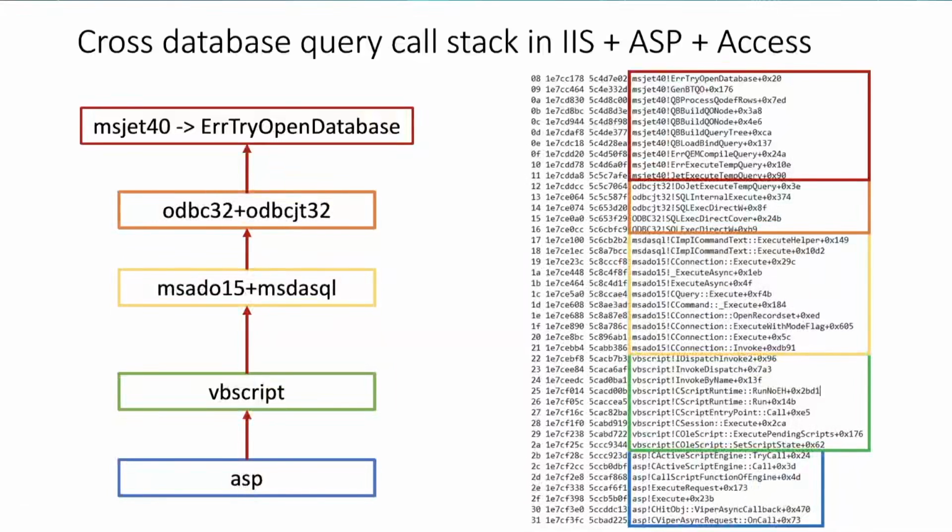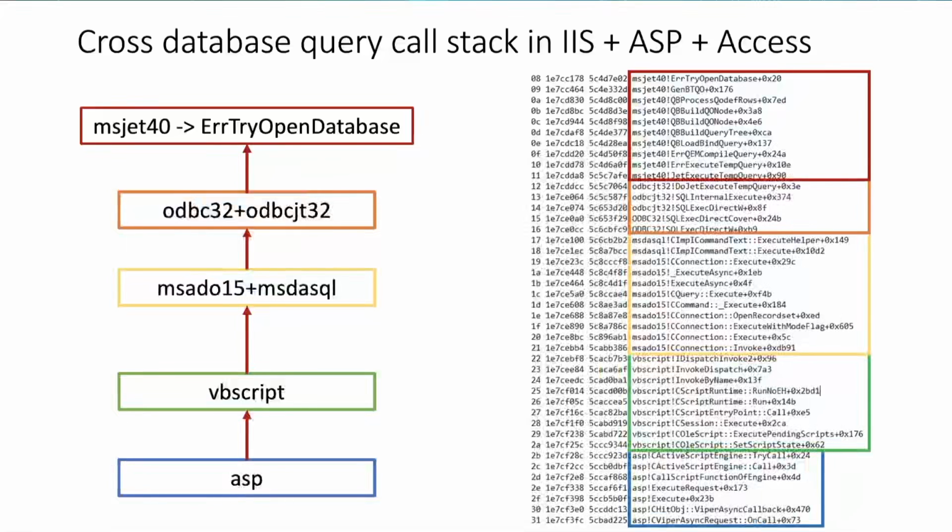Let's see how IIS and ASP deal with the injected SQL query in the IIS process. The functions in ASP will call modules VBScript, MSADO, ODBC32, and finally it will call try open database to open the external database.